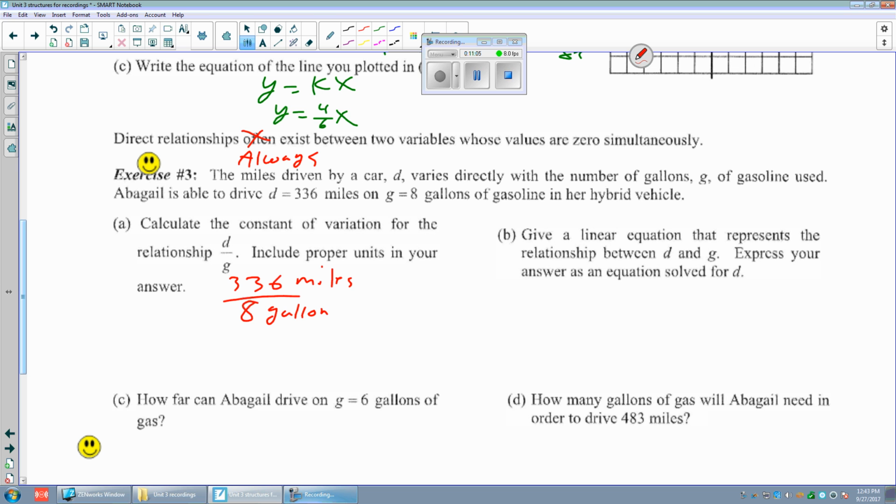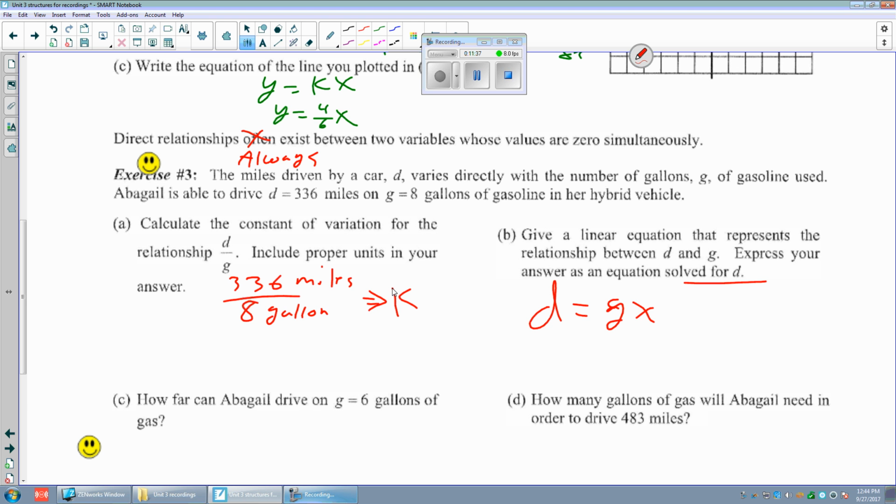Miles per gallon. Given a linear equation that represents the relationship between D and G, express your answer as the equation solved for D. D equals GX. Now let's see if it really is GX. I'm going to go back over here. I'm just going to say that that is the same as Y. It's not the same as Y, it's the same as K. Sorry about that.